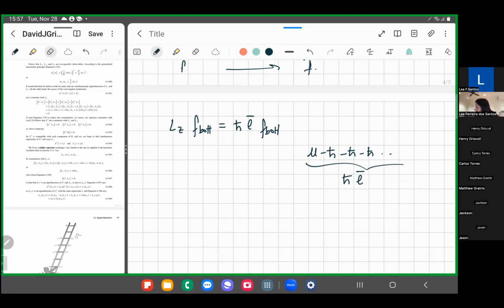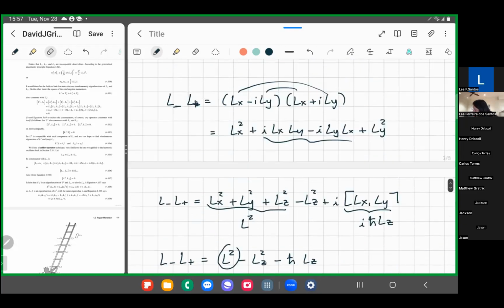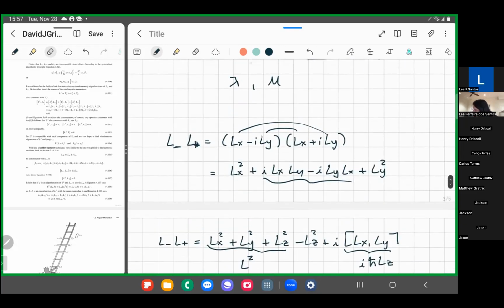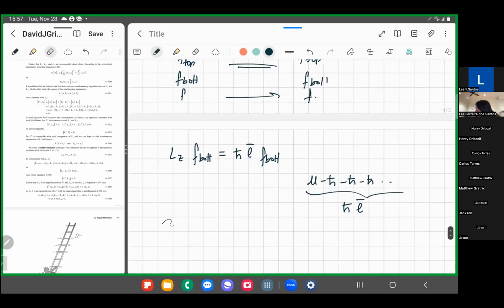Okay, so again, I'm going to use the trick that we did before. Remember that we introduced this L minus L plus, but instead of L minus L plus, since now I'm dealing with the bottom, the idea is, let's play with L plus L minus, okay? Very similar. Again, we go with the definition, so Lx plus iLy, product with Lx minus iLy.